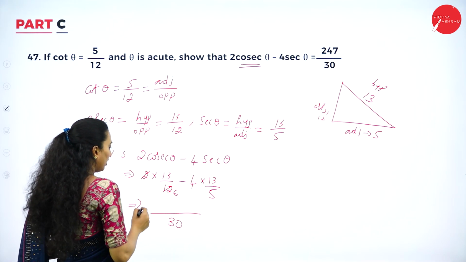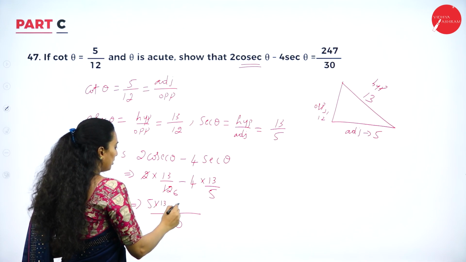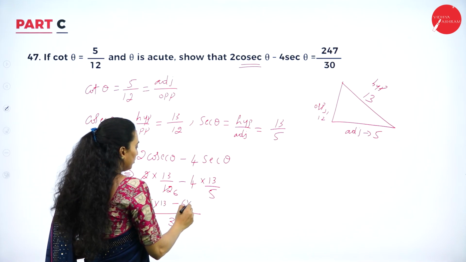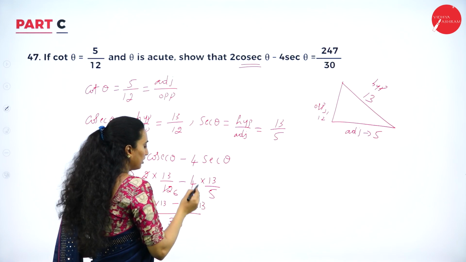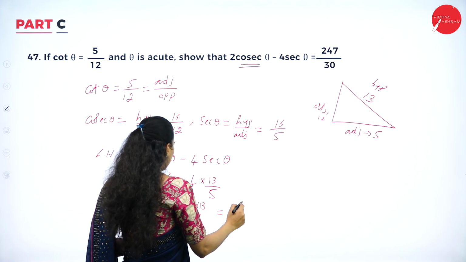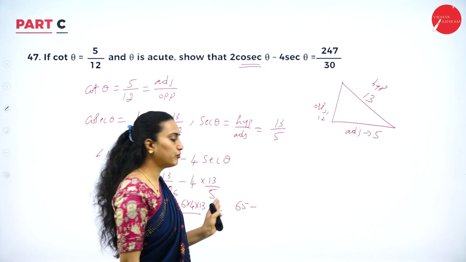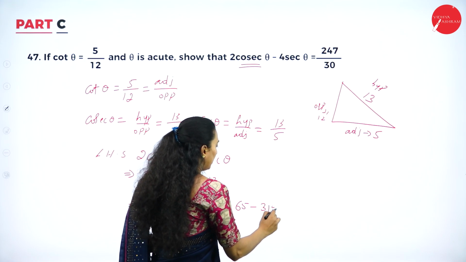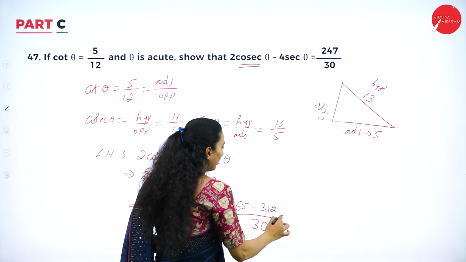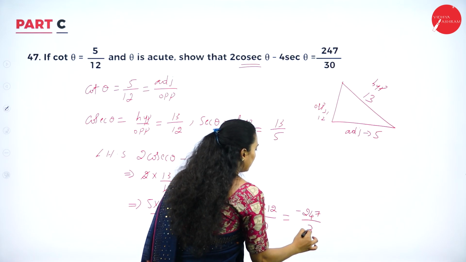So here you have 5 into 13 minus 6 into 4 into 13. 5 into 13 is 65, minus 6 into 4 into 13 which gives 312, divided by 30. Dear students, you are getting minus 247 divided by 30.